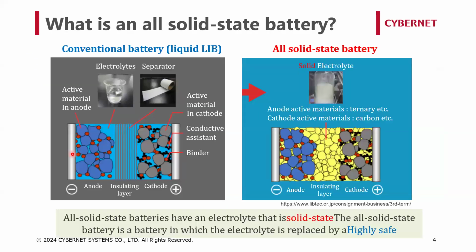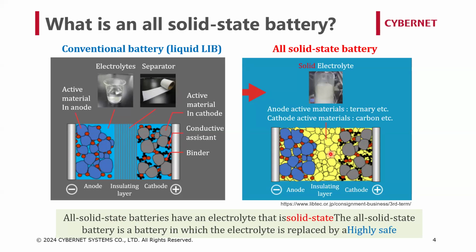On the other hand, the concept of the all solid-state battery is basically very simple. Just replace the flammable electrolyte with a solid material that is not flammable. The figure on the right side shows the solid electrolyte that has been replaced, in the yellow area.